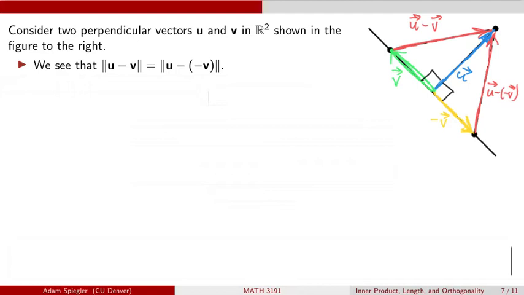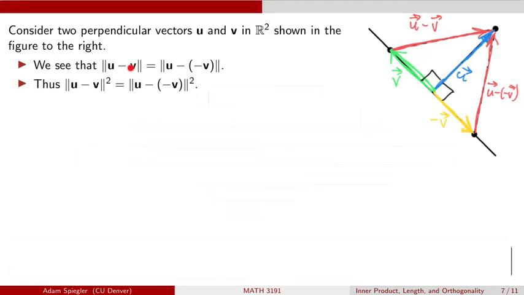So if u and v are perpendicular to each other, one quick result is that the magnitude of the vector u minus v is going to equal the magnitude of the vector u plus v. It may be easier for us to compare the magnitude squared, which allows us to avoid dealing with the square root.